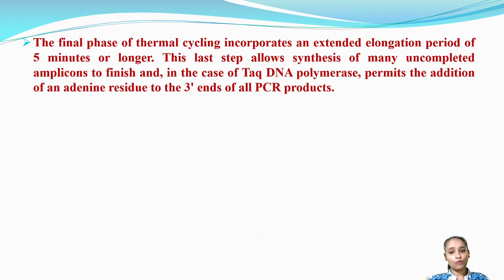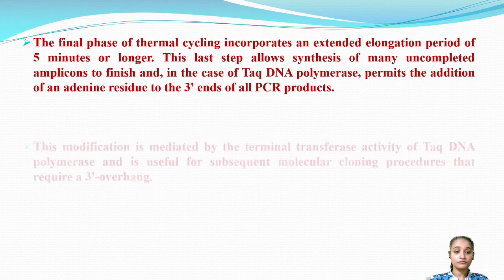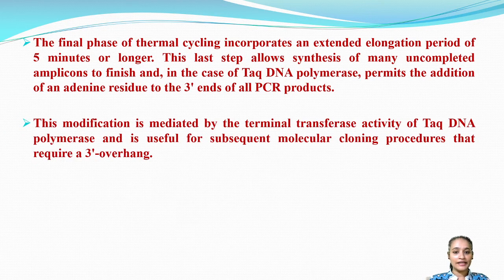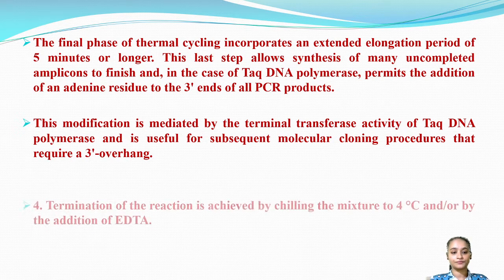In the case of Taq DNA polymerase, it also permits the addition of adenine residues to the 3' ends of all the PCR products. This modification is mediated by the terminal transferase activity of Taq DNA polymerase and is useful for subsequent molecular cloning procedures that require a 3' overhang.